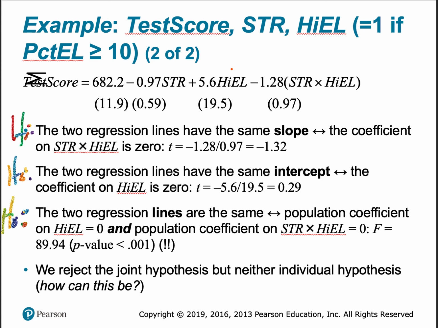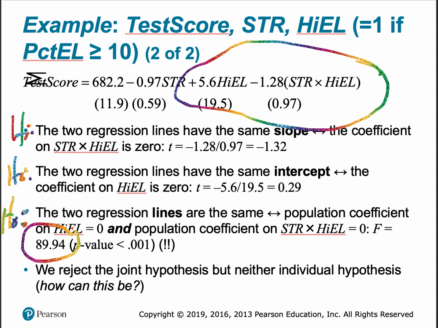So we're testing the joint statistical significance of these two things. And the F statistic is 89.94. It's huge. The p-value is 0.001. So we would reject that null hypothesis that the two regression lines are the same.